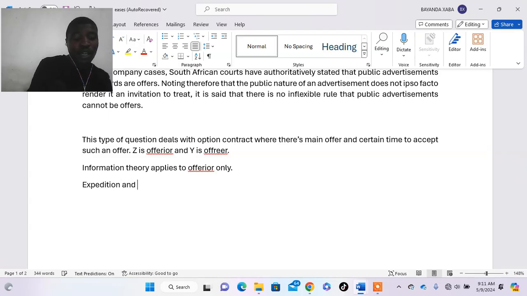Expedition and declaration apply to the offeree.